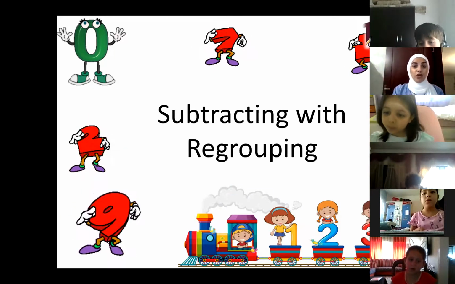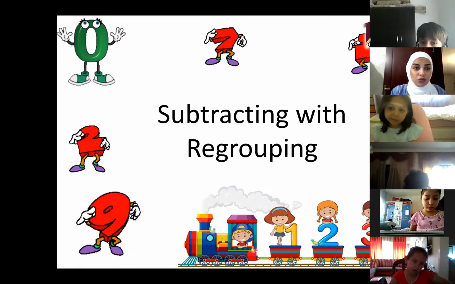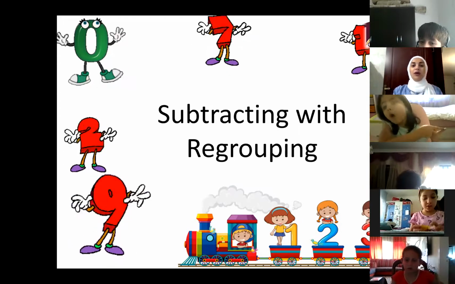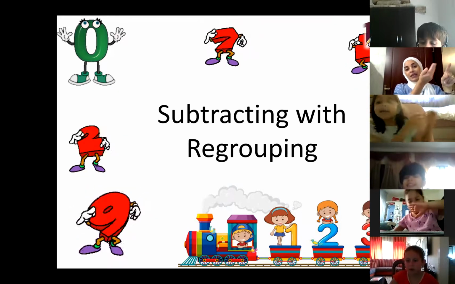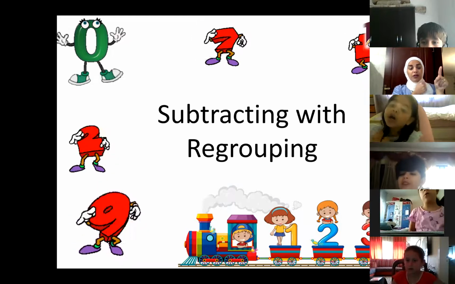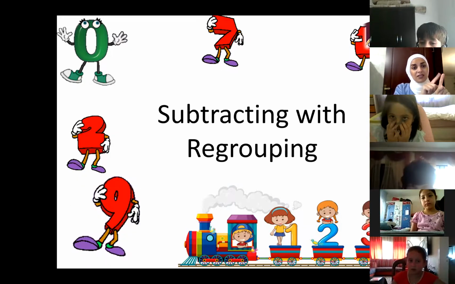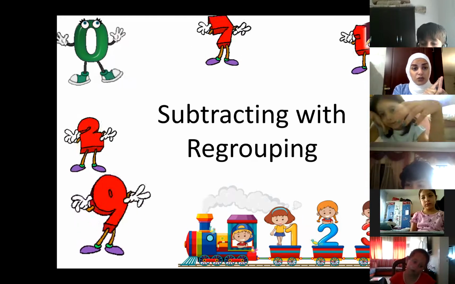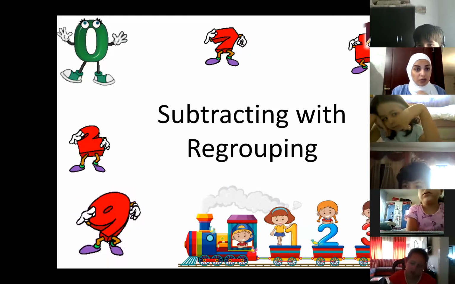More on the floor. If the number at the bottom is more, what do we do? We regroup. How? Go next door, take 10 more. If we took 10 from this number that is next door, what do we do? We take 10, so we make it smaller, right?